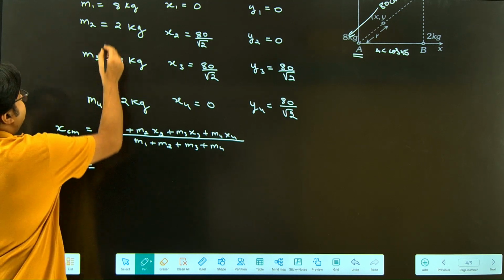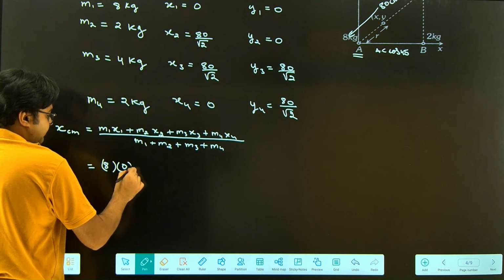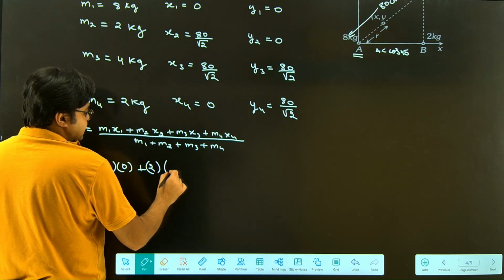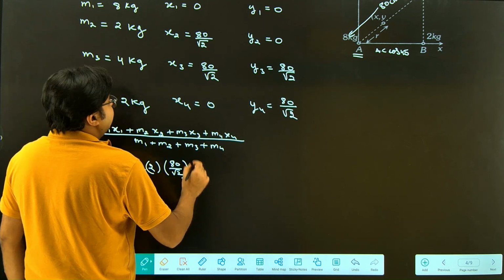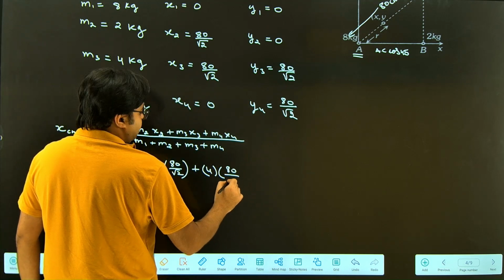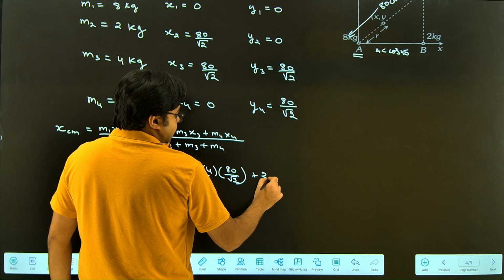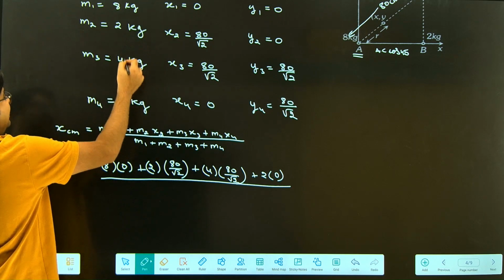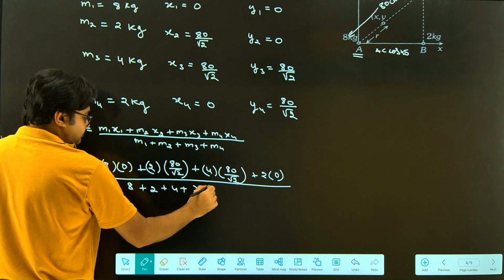When you do this, you have M1 being 8 kg, X1 is 0, M2 is 2 kg, X2 is 80 divided by root 2, and then we have M3, which is 4 kg, X3 also is 80 divided by root 2, and M4 is 2, and X4 is 0, divided by M1 plus M2 plus M3 plus M4, that's 8 plus 2 plus 4 plus 2.